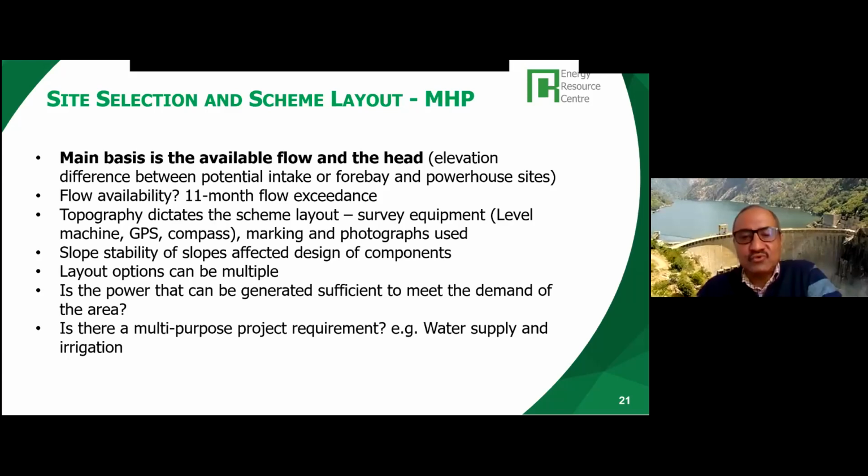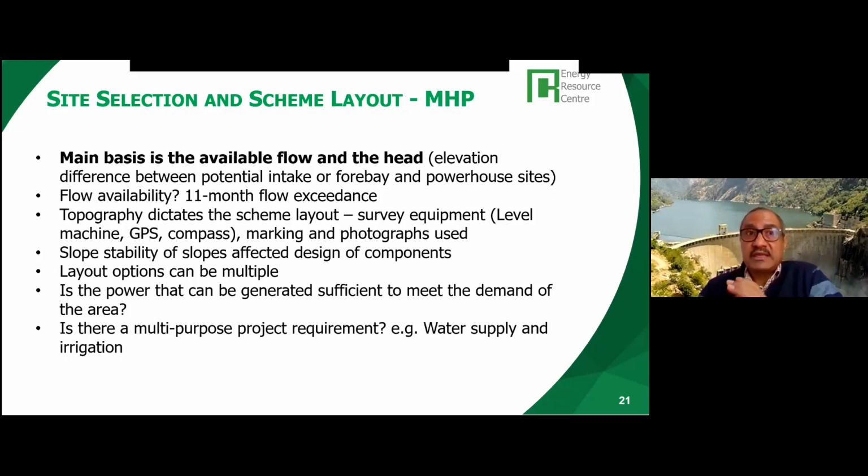For example, if you divert water from a river for hydropower purposes, at least for some section of the river, you may not have enough water for water supply, irrigation, and other purposes. So if you can plan the project without disturbing the water supply, irrigation, and other water uses in the river, that would be preferred.